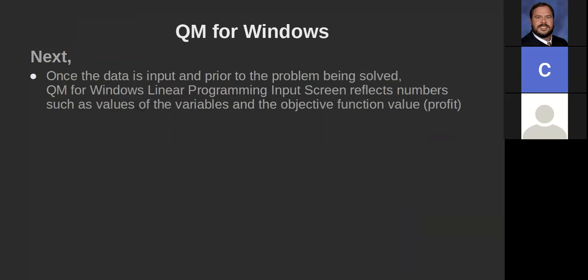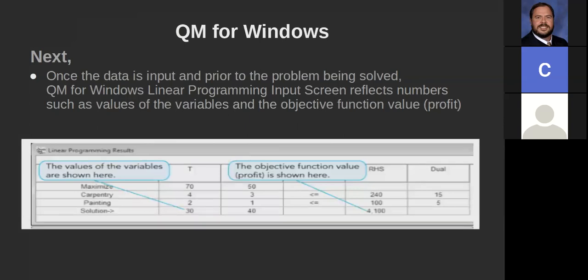Once you've entered the data and just before the problem is solved, the QM for Windows linear programming input screen reflects numbers such as values of the variables and the objective function value, which is the profit, as shown here.